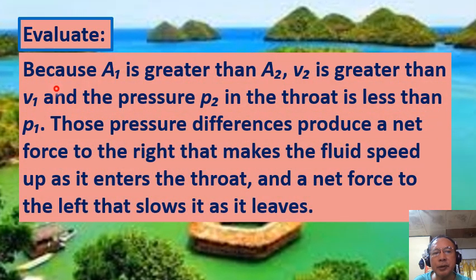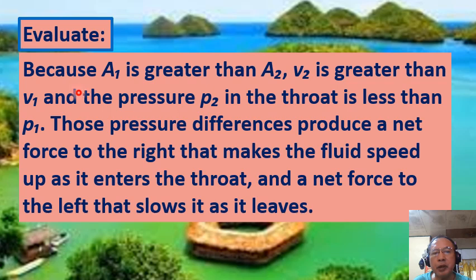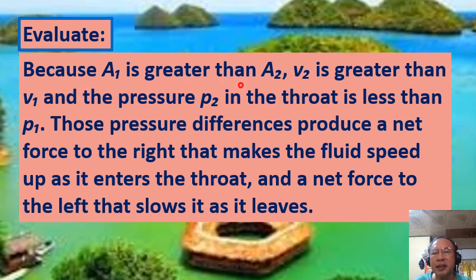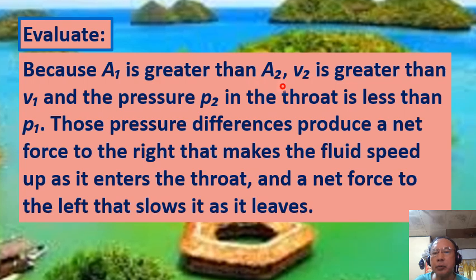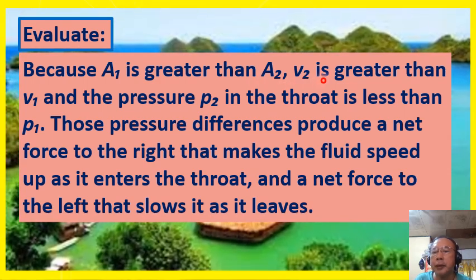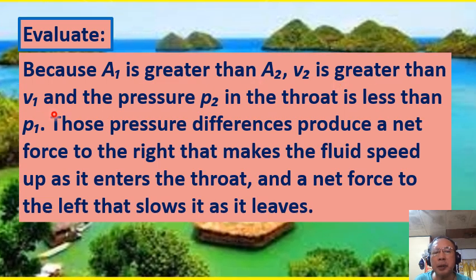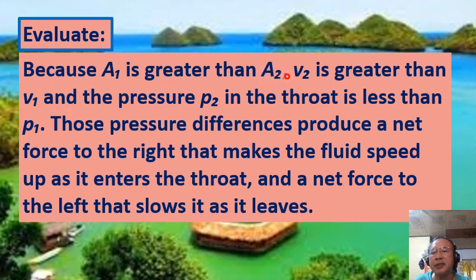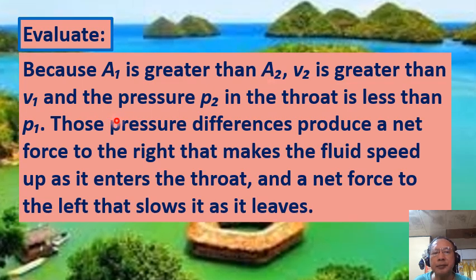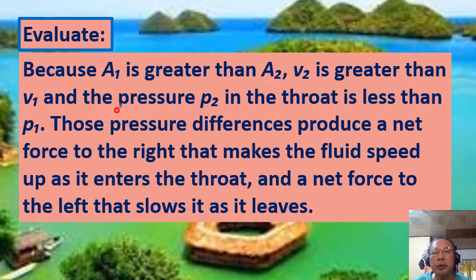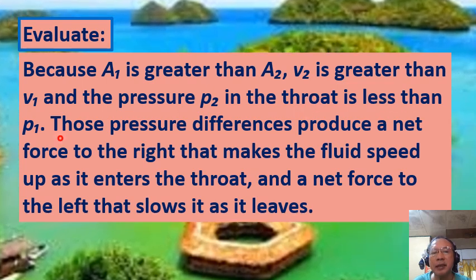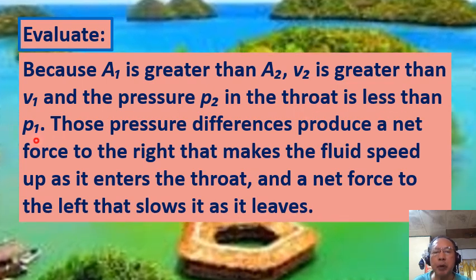Evaluating our answers, because the cross-sectional area A1 is greater than the cross-sectional area A2, the speed V2 came out to be greater than the speed V1. And that agrees with the equation of continuity. Also, the pressure P2 in the throat is less than the pressure P1.